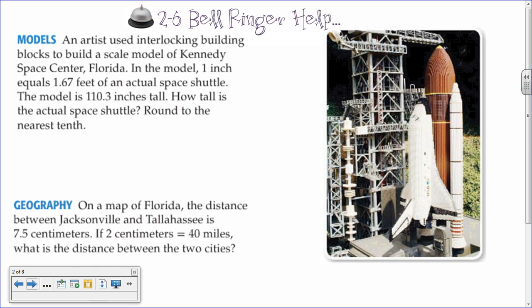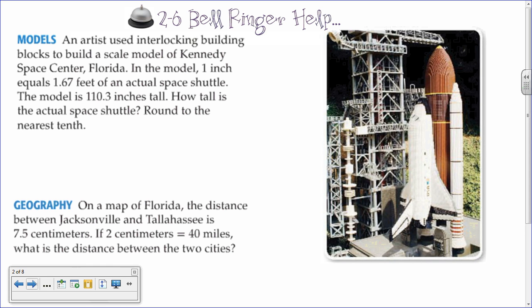I just need to set up a couple proportions here, right? In the model, 1 inch equals what? The biggest part about these ratios is figuring out what goes where. So in this case, which should go where?